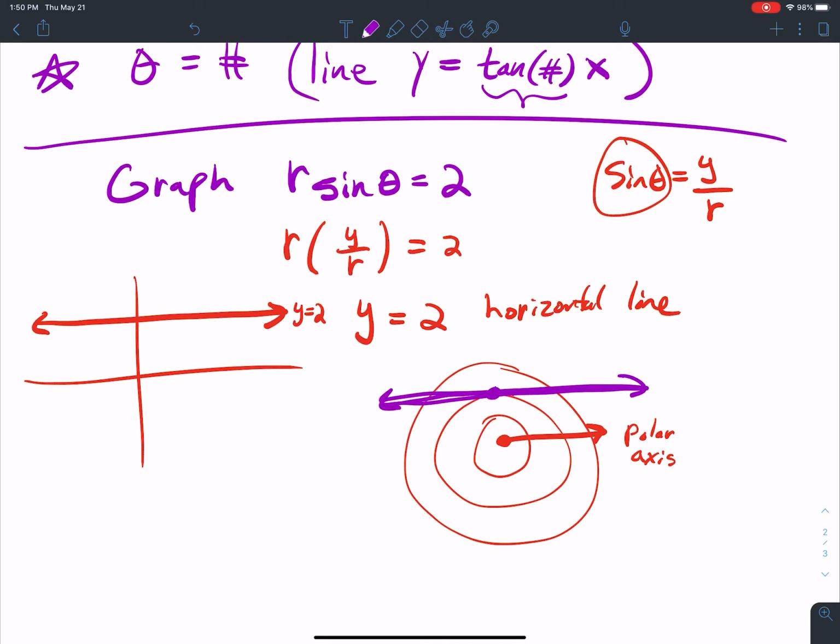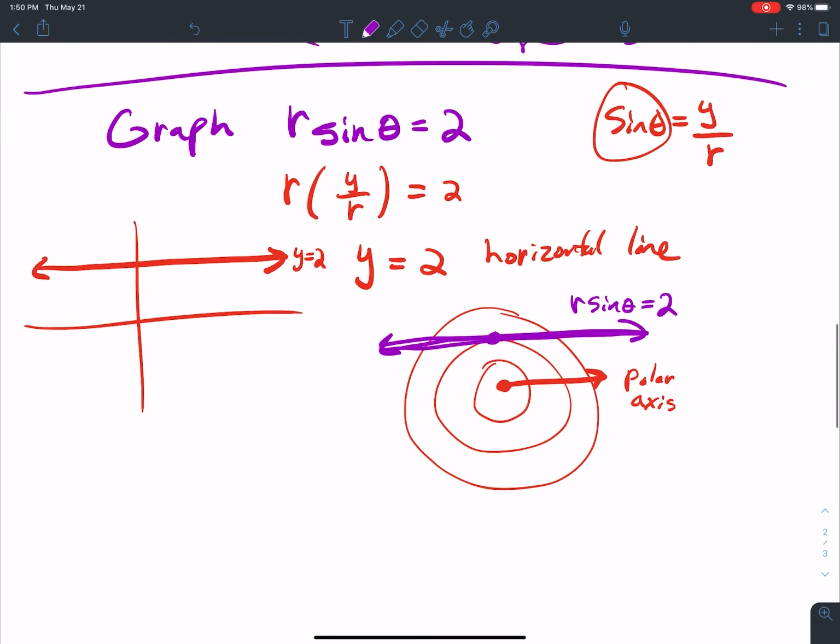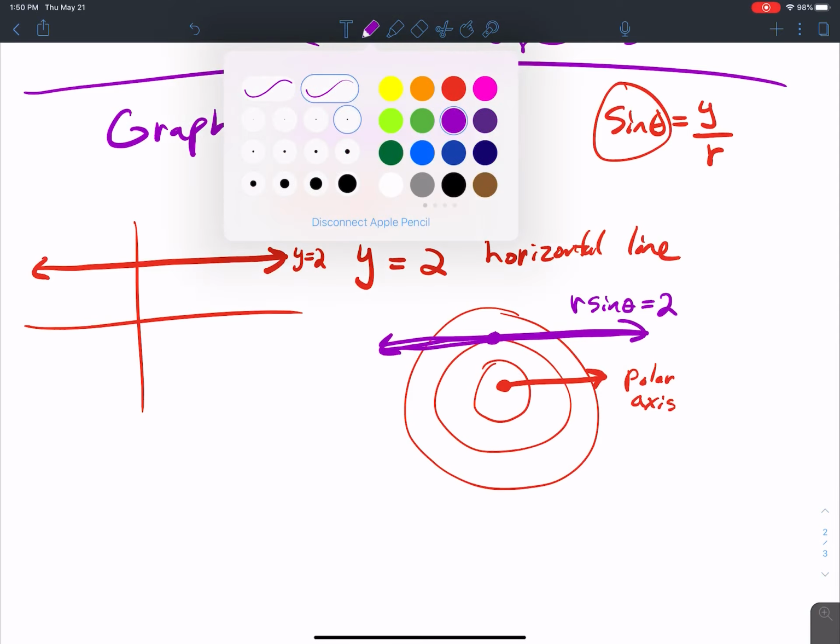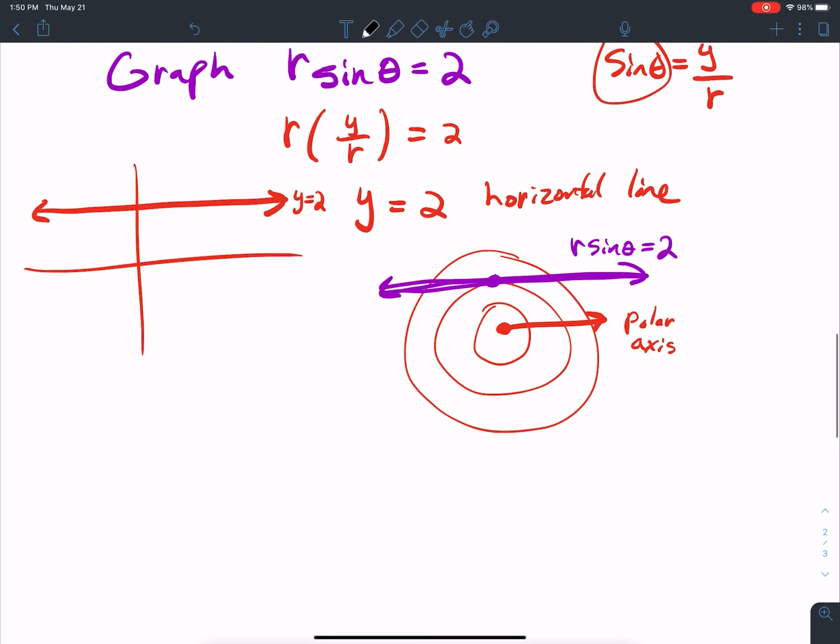This is the graph of r sine theta equals 2. Okay. Let's try another one. Let's graph r cosine theta equals -3.